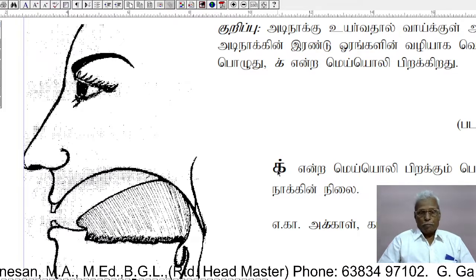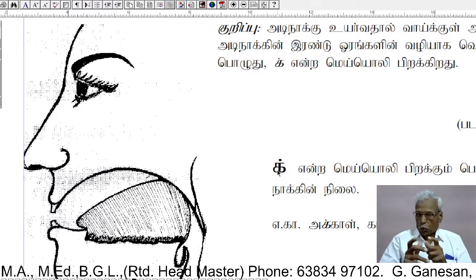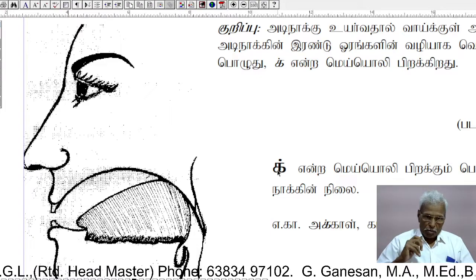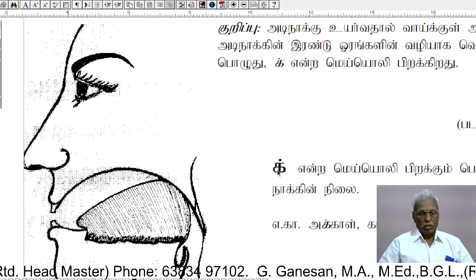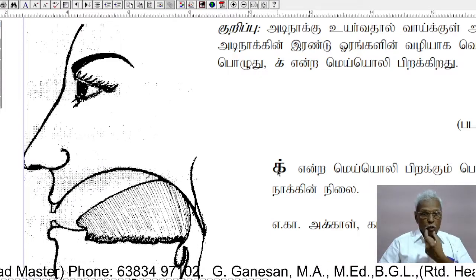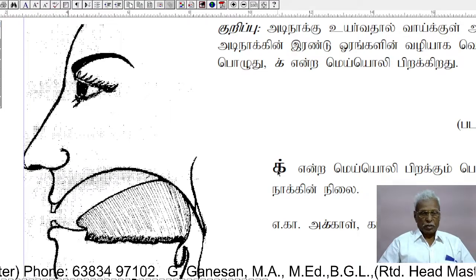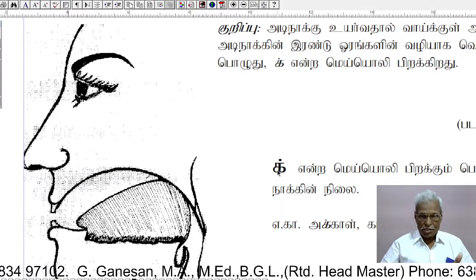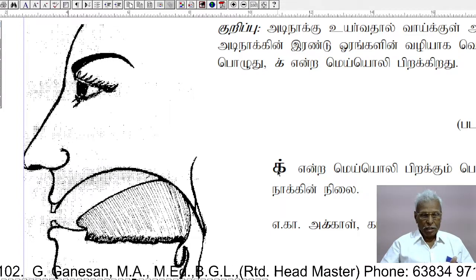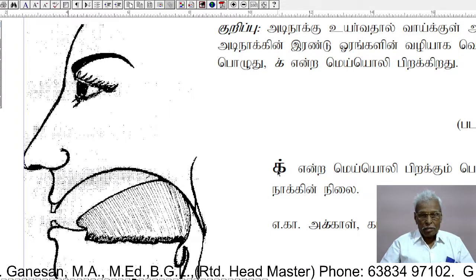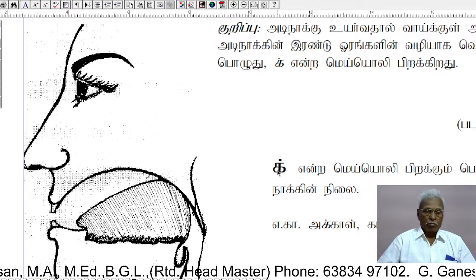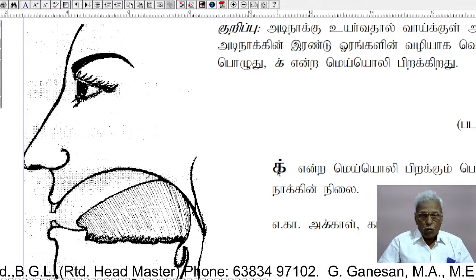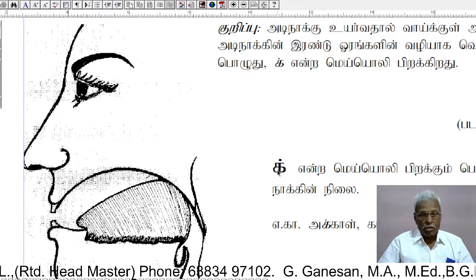That is, when the air in the mouth is pushed out by the vocal cords, the air escapes through the sides of the tongue, making the sound 'ik'. This is the way how this consonant phoneme is produced.